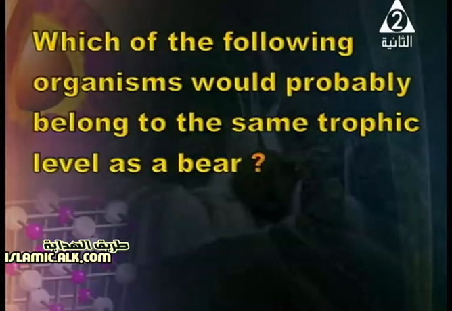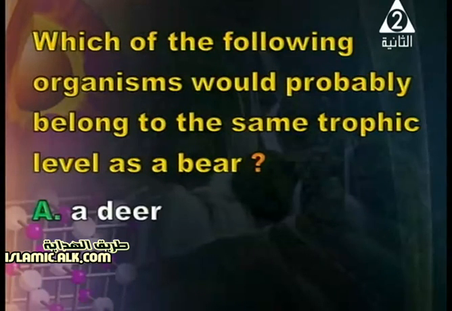Which of the following organisms would probably belong to the same trophic level as bear? We have some animals and we need to know which one can be joined with bear in one trophic level.